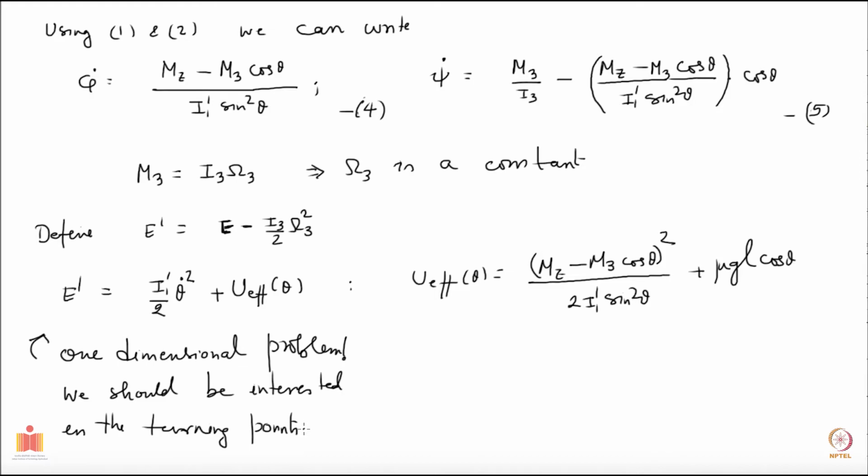So I'm going to take my e prime, which is here, and wherever I have cos theta, I'm going to substitute u. This will become u, this will become u, this will become 1 minus u square, right? So as far as u effective is concerned, you will immediately have it in terms of u. Okay, and theta dot square will also give you a nice expression of u, which I'll show.